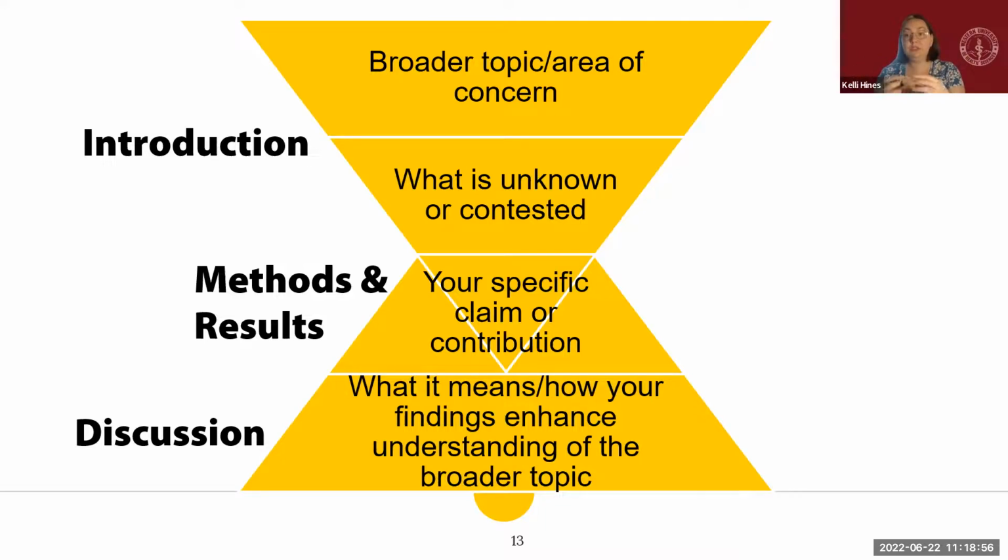Then the method and results are focused on a very narrow, specific question: your specific claim or contribution, your experiment, your case study. And then you broaden out again to say what you found enhances the understanding of the broader topic.